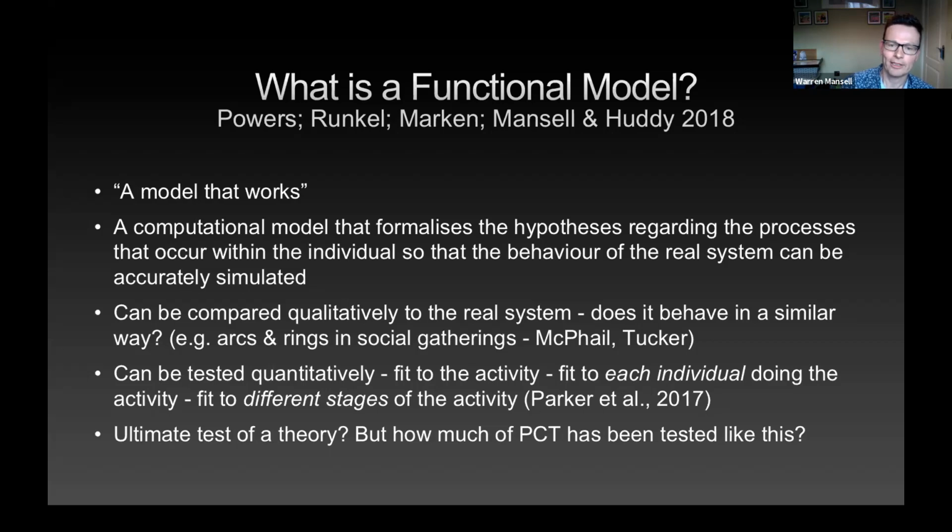And we did a study that Max Parker led where we showed that PCT models were specific to individuals, i.e. the model fit to each person doing a task was better than the average model fit of people doing that task. But it's also possible, and we've not redone this, that people might shift what they're doing during an activity. When it gets more difficult, when they learn more, they might shift the control strategy. And that's something that I don't think we've really explored in depth.